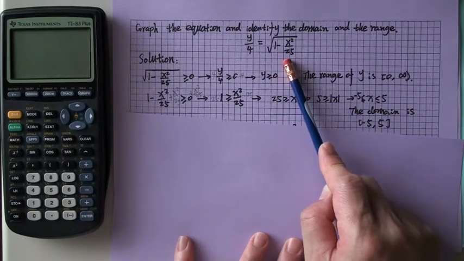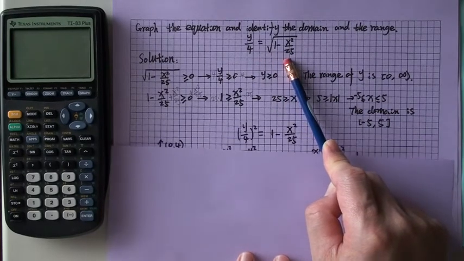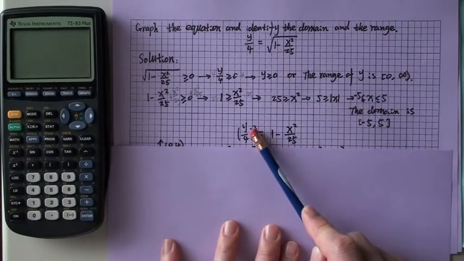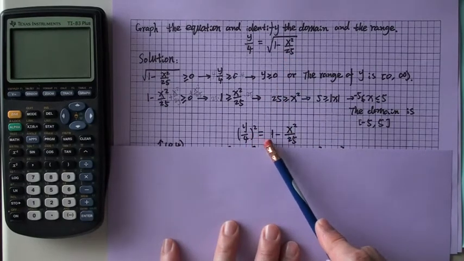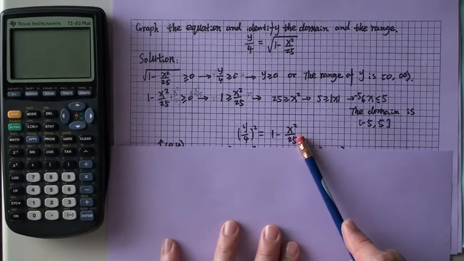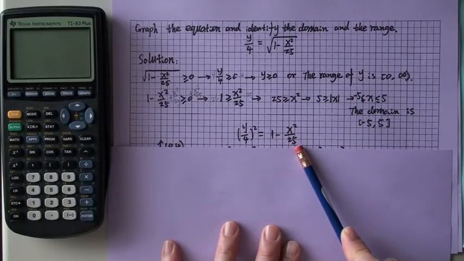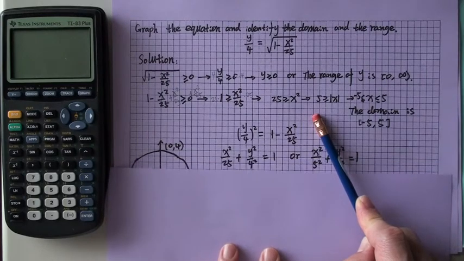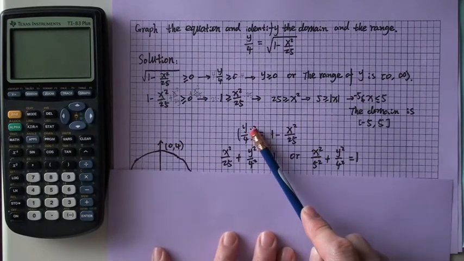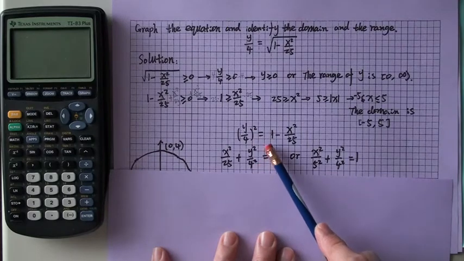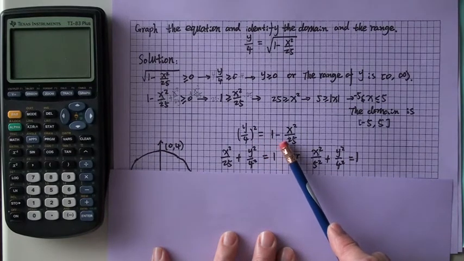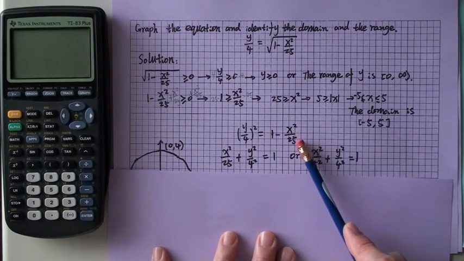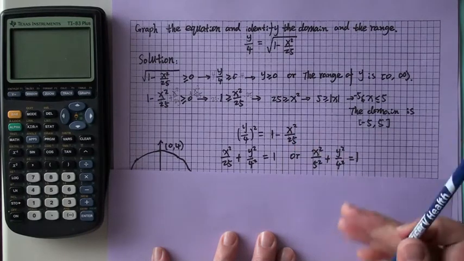On both sides, we square. That's the one right here. Y over 4 squared equals 1 minus x squared over 25. So what we get is y squared over 4 squared equals 1 minus x squared over 25.